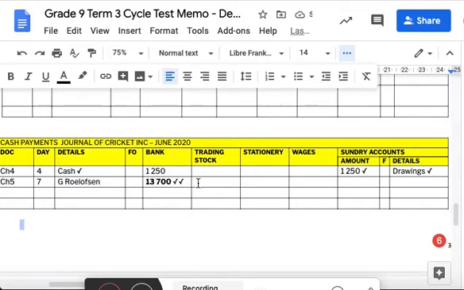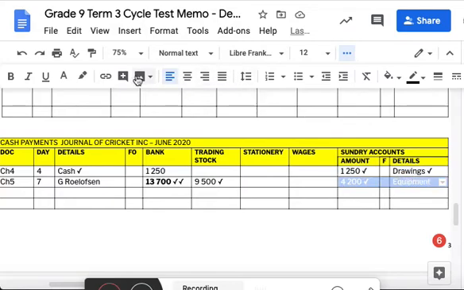Is there a column for trading stock? Okay. So in trading stock, we put in our 9,500 Rand, just like that. And then there's no column for equipment, right? So where do we take it to? Sundry account, spot on, right? 4,200 Rand with your detail as equipment. Any questions so far?